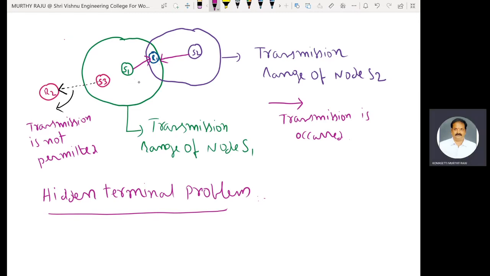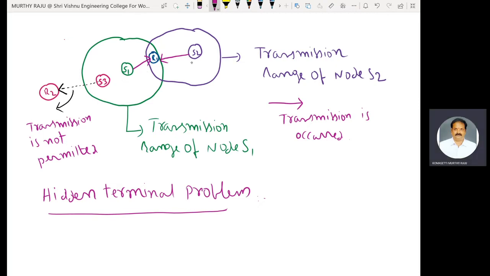These two nodes, S1 and S2, are hidden to each other. They don't know the presence of each other. S1 and S2 simultaneously send information to R1, so collision takes place at R1.